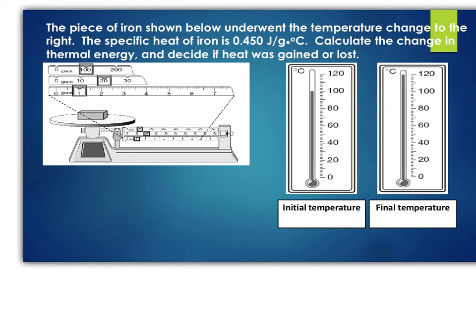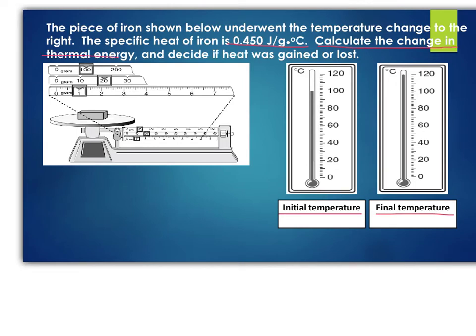So in this first example, we have a piece of iron shown below. It underwent the temperature change shown to the right. So this is our temperature change here. We have our initial temperature and our final temperature. We're given the specific heat, and we want to calculate the change in thermal energy.